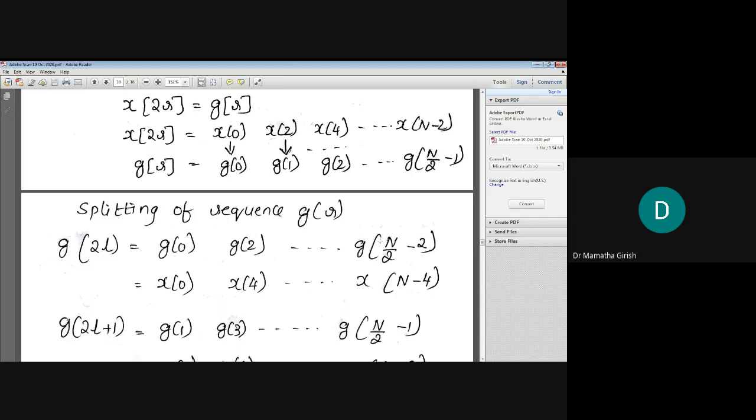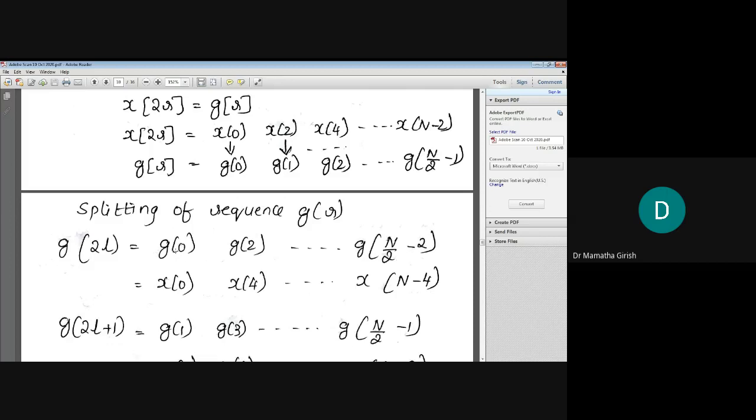Till where? Please note this term. It is not n minus 2, but it is n by 2 minus 2, because right now we are in the n by 2 point DFT stage. We are decimating a given n by 2 point DFT into n by 4 DFTs. That is why the last term is n by 2 minus 2.